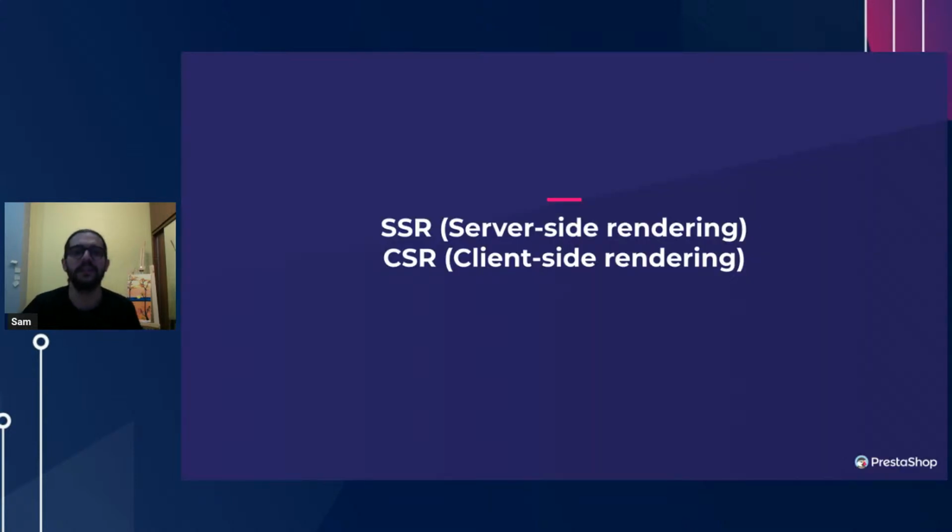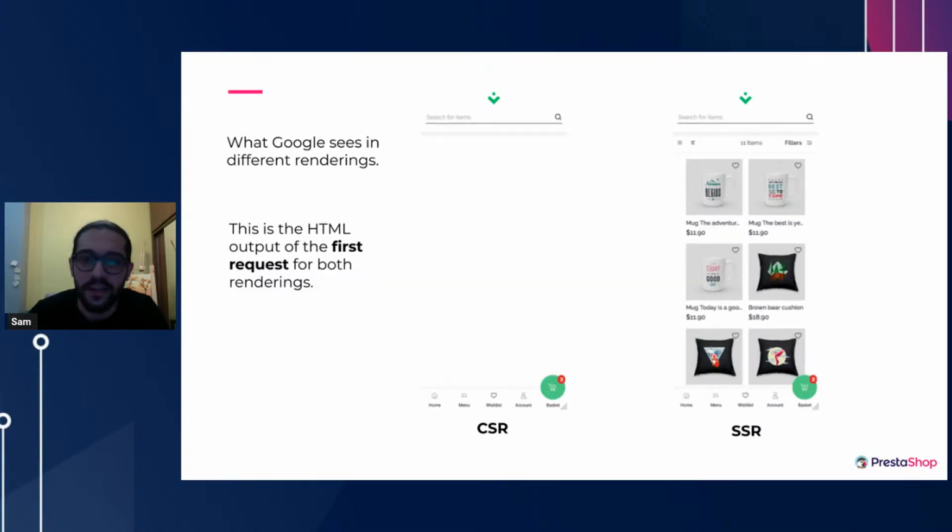And the next slide is about CSR and SSR. Okay, I'm talking about client-side rendering and server-side rendering. But why are these concepts important? It's all about the first request, the initial request, actually how Google crawlers will see our web page.